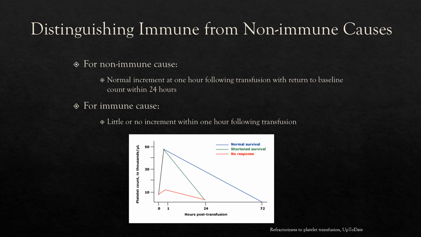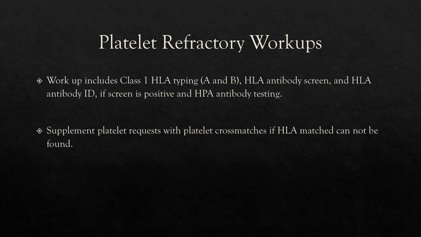To distinguish between immune and non-immune cause, you would take a 1-hour post-transfusion platelet count. For non-immune causes, the normal increment at 1 hour will return to baseline within 24 hours. For immune causes, there will be little or no increment within the 1 hour post-transfusion.